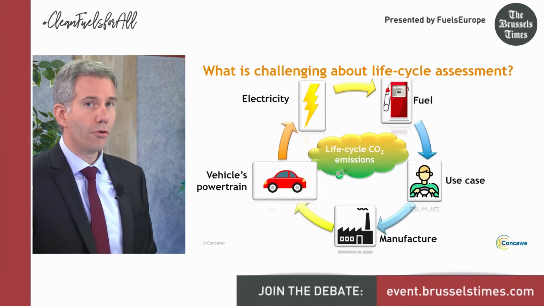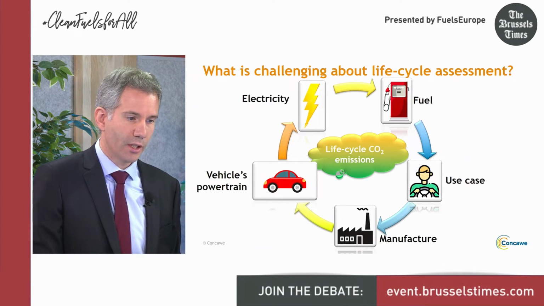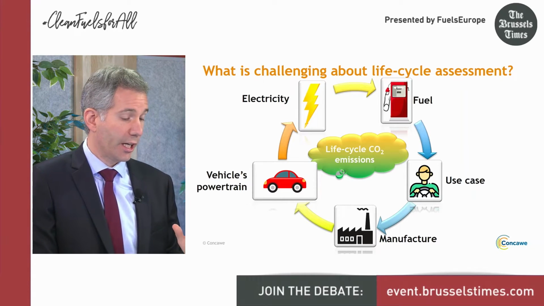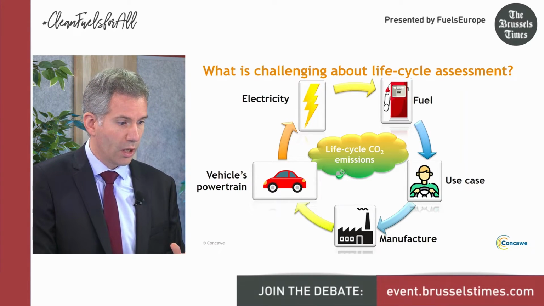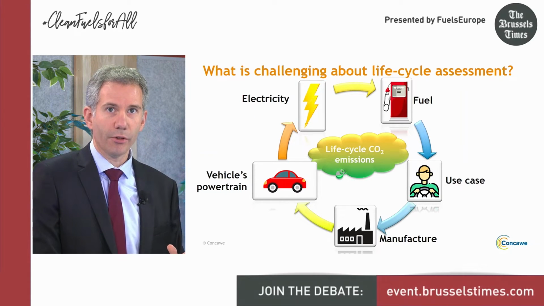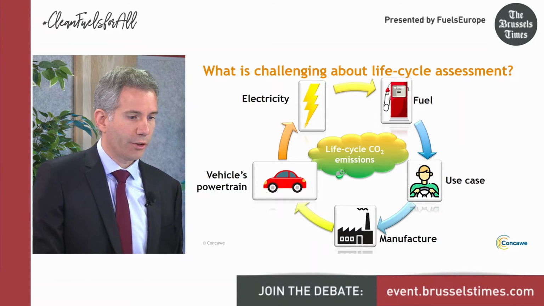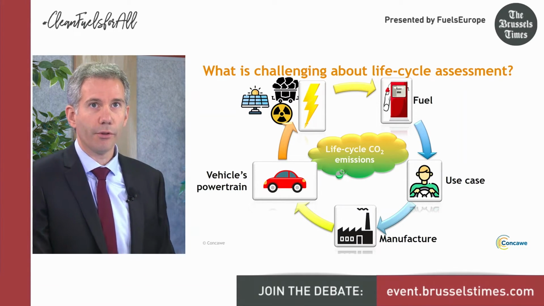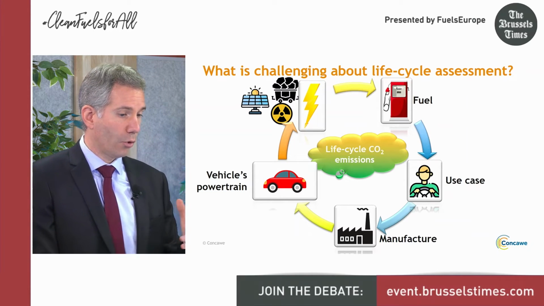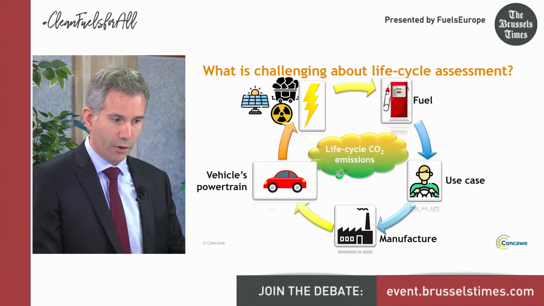So let's try to summarize it. If I want to assess life cycle CO2 emissions, I have to make decisions on which electricity I use, which fuel, which vehicle's powertrain, which use case, and what about the manufacturer. For electricity, you have several options. It can be made out of fossil fuels, such as coal, such as natural gas, or out of low-carbon sources, such as nuclear electricity, solar panels, or windmills.